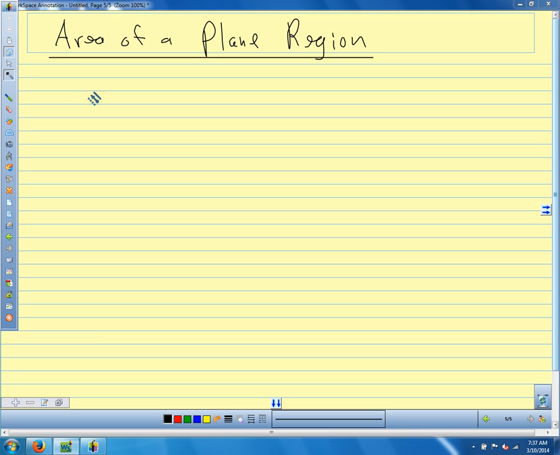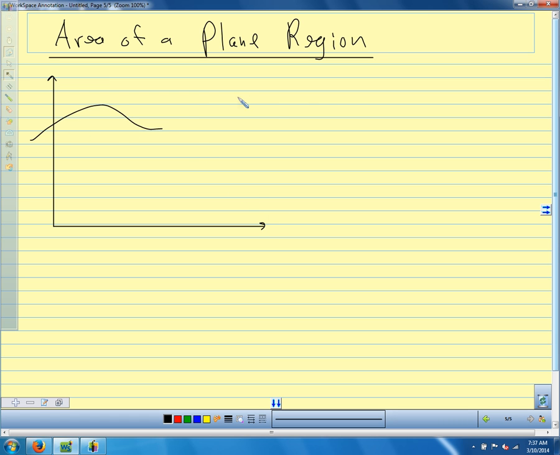So let's look at a region in the xy plane bounded by two curves. Let's say we have two functions, and we'll call this g2 of x and this one g1 of x.